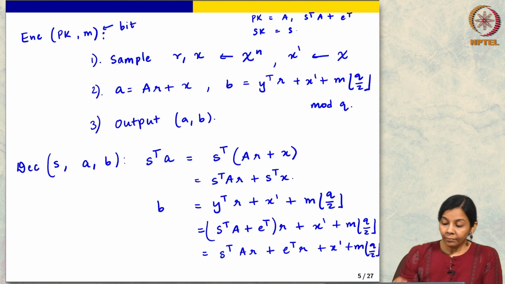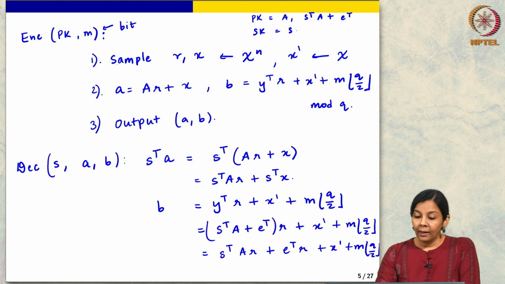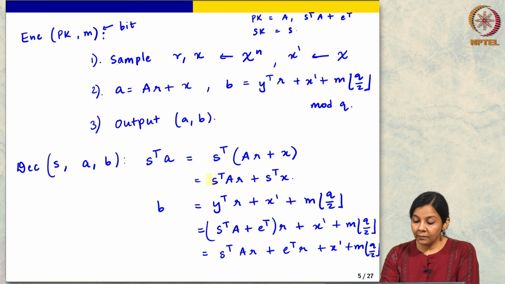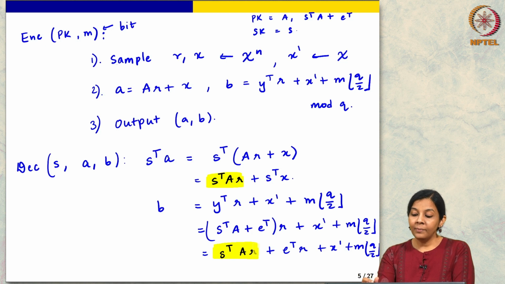Now, the key thing to observe is that the only big terms that occur in S transpose A as well as B are these. Why is that? Remember that we sampled S as well as X from the error distribution. So once again think of binary for simplicity.